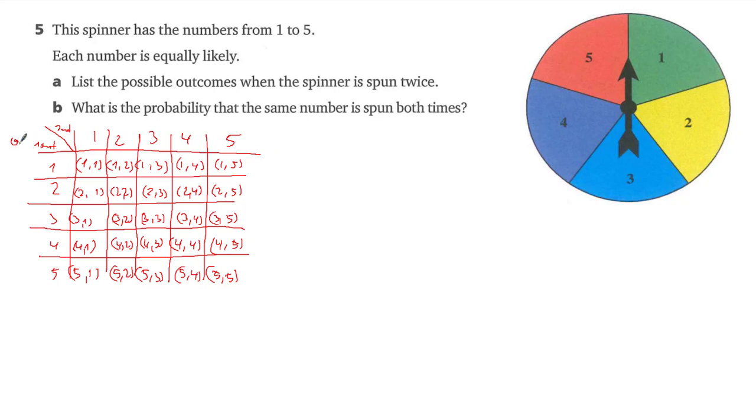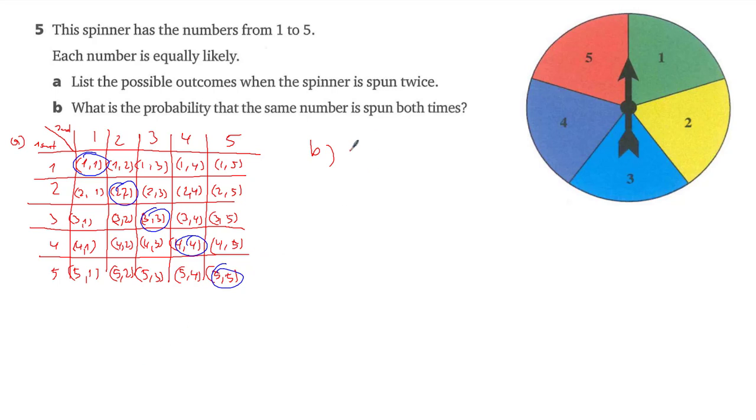This was under A, and B says, what is the probability that the same number is spun both times. All right, we can clearly see that there is this one, this one, this one, this one, and this one, that we got the same number twice. So what is this probability?